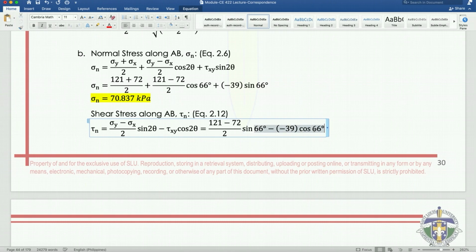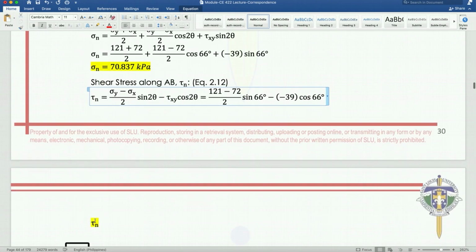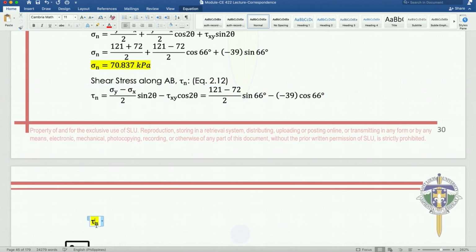And shear stress is equivalent to, calculate natin, we have 121 minus 72 over 2 sine 66 minus negative 39 cosine 66.